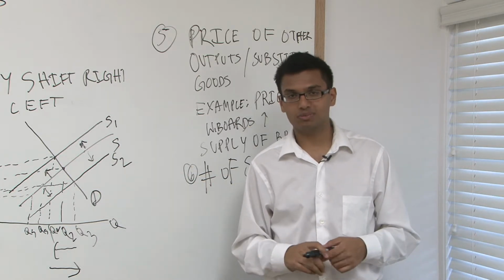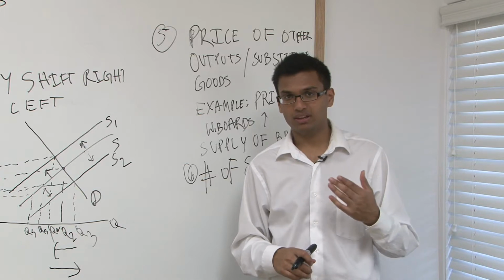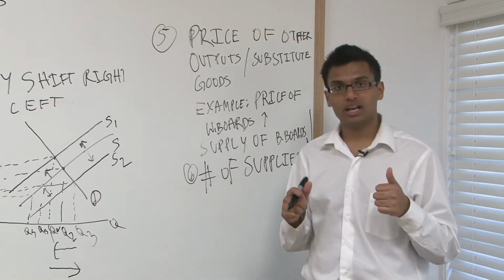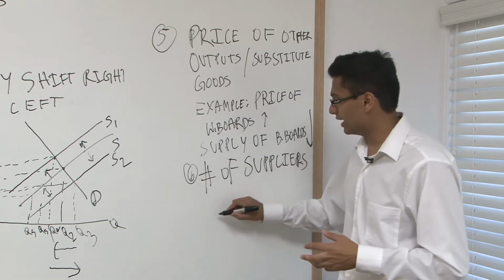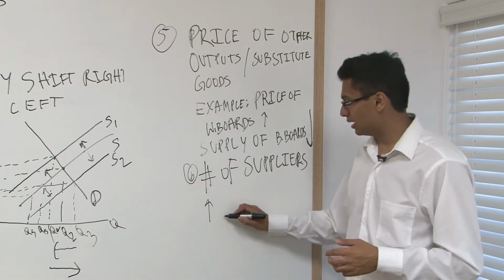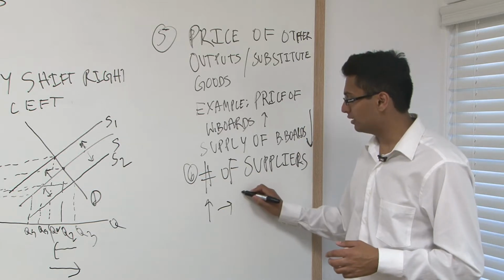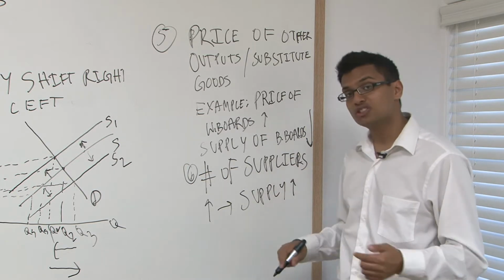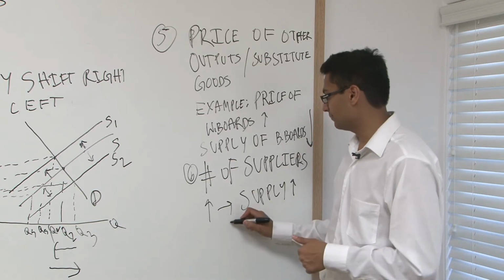What do you think is going to happen to the supply? It's going to shift to the right. Because if the number of suppliers goes up, my supply will go up. And what does it mean when supply goes up? It shifts to the right. Shifts right.